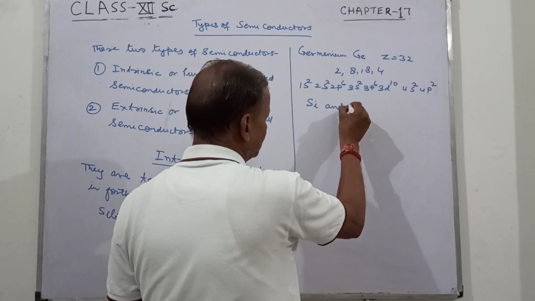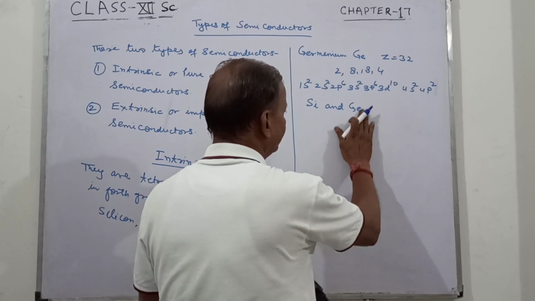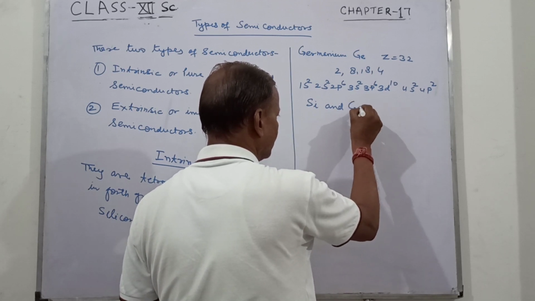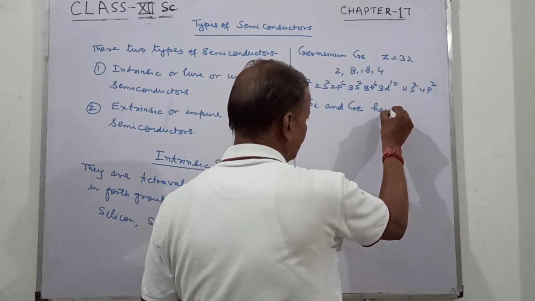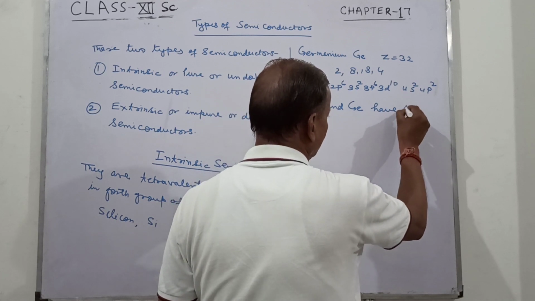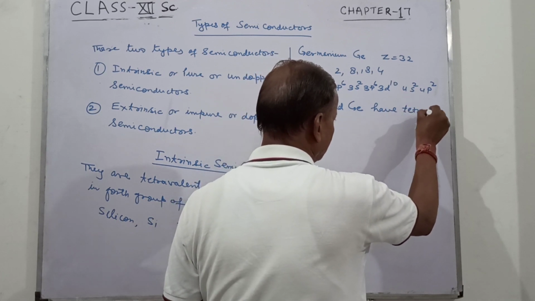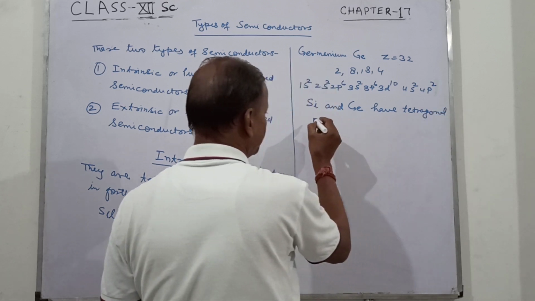Silicon and germanium have a tetragonal structure.